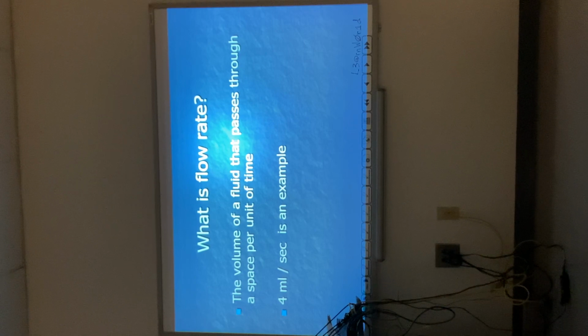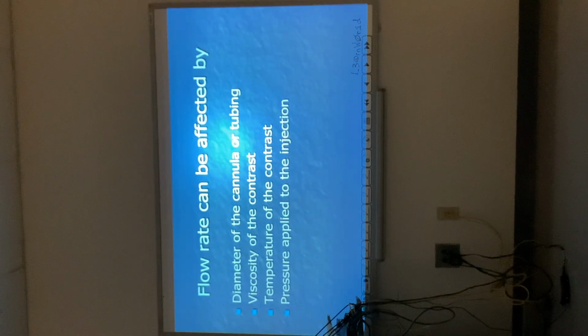We need to maintain that continuous. Now, if we do have to stop it momentarily to administer our contrast media, that's fine, but you need to make sure it resumes. So it's important to monitor what that rate is, and if you're in an area or a department where they have nursing, they can assist with that.